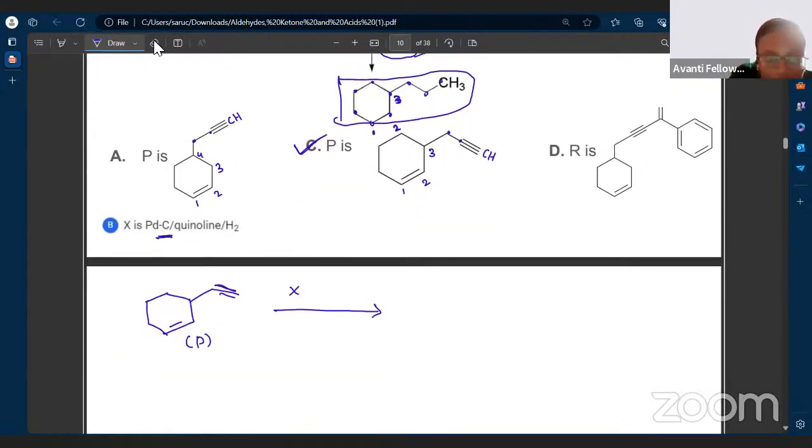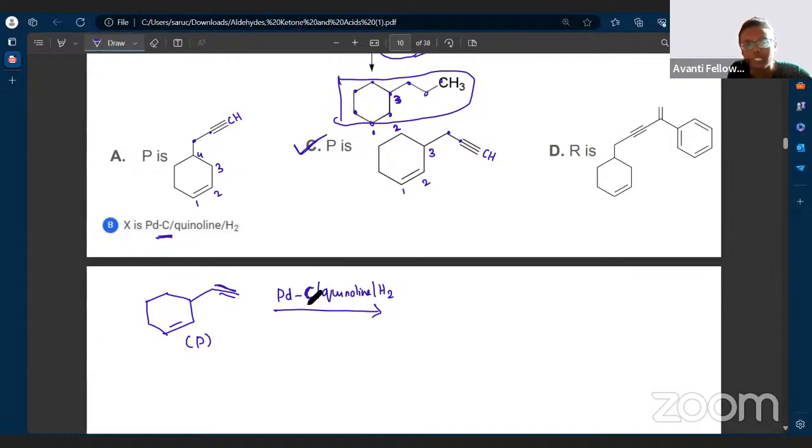I'm going to treat it with X. What is the X given? Palladium, carbon, or quinoline, or hydrogen. Can you guess the name of the reagent?